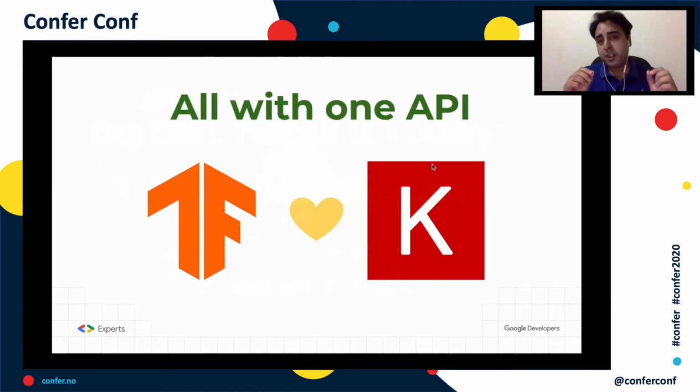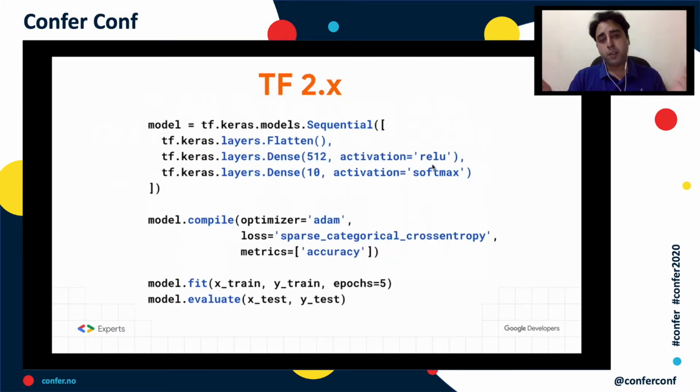One interesting thing about the current version of TensorFlow is that it uses a high-level API called Keras. With this high-level API, you can easily build deep neural networks. One simple example here on screen is that with a few lines of code, you can easily create a one hidden layer deep neural network using Keras.